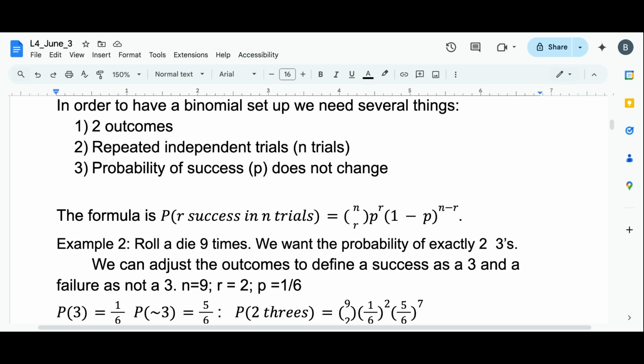So n is 9. We want 2 successes, so r is 2. The probability of success in a single trial, rolling a fair die, the probability of a 3 is 1 out of 6. The probability of everything else, its complement, not 3, is 5 out of 6.